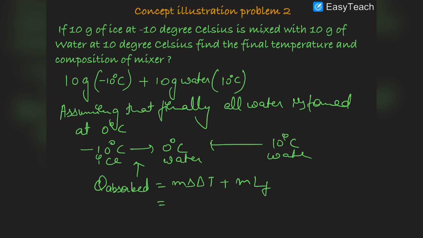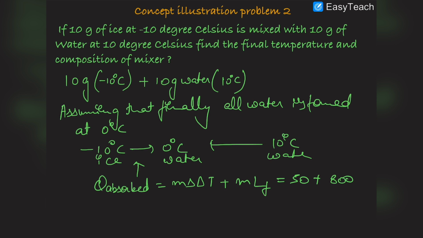Here m is 10 gram and delta T is 10 again, and s is half, so it would be 50, plus m into L_F, which would be equal to 800.